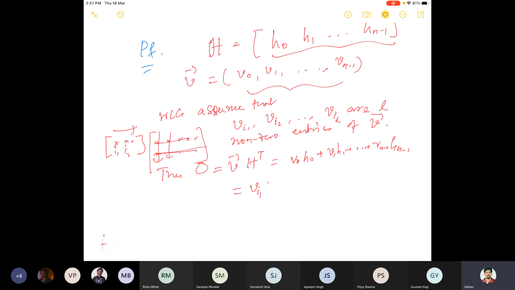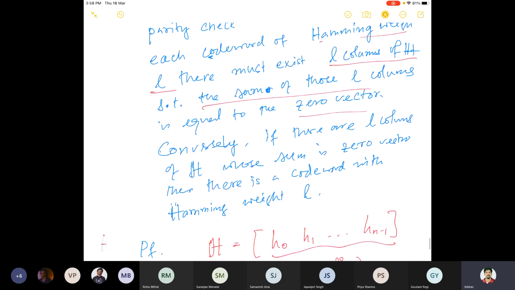So it is V(i1) H(i1) plus V(i2) H(i2) plus dot dot dot plus V(iL) H(iL). But these V(i)'s are nothing but 1, so it is H(i1) plus H(i2) plus dot dot dot plus H(iL) equal to 0. So there are L columns of H whose sum is equal to 0. If there is any code word of Hamming weight L, then there are L columns of H whose sum is also equal to 0.